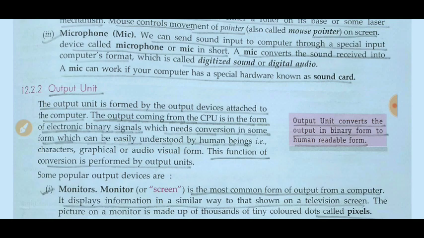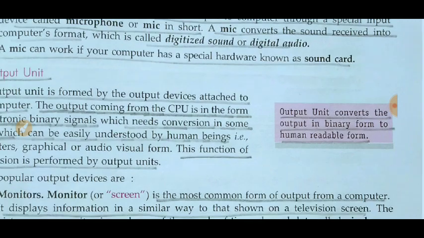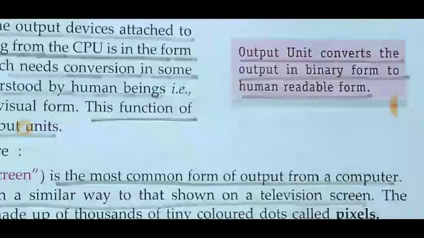Here, what is the role of the output unit? Output unit converts the output in binary form to human readable form. After processing, whatever we get in terms of information or result is in the form of binary, because the computer understands only binary signals.